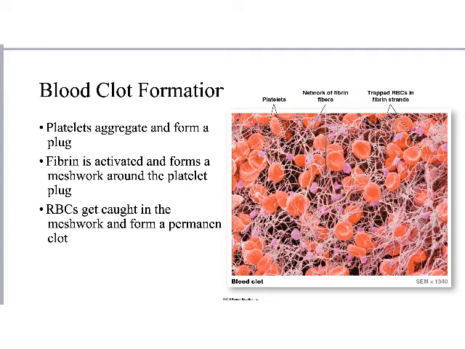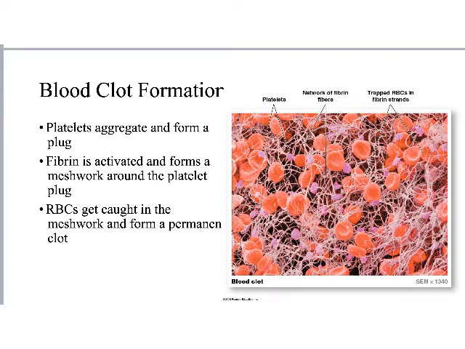So speaking of clot formation, there are 3 steps to forming a clot. And I just wanted to introduce this now since we're talking about these cells, and when we get to physiology, we'll talk a little bit more about the process of how it happens. But the first step in clot formation is platelets aggregating together, sticking together, and forming a plug.